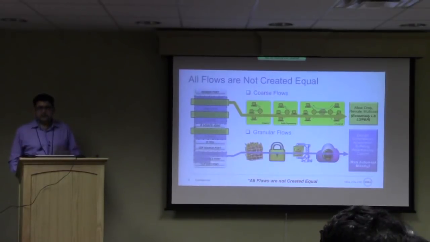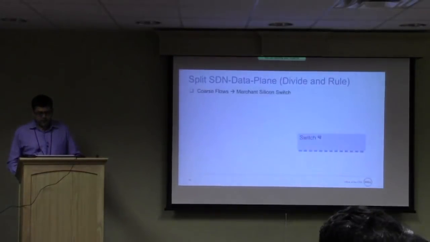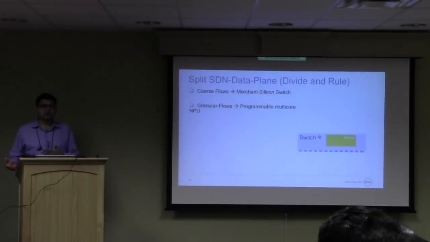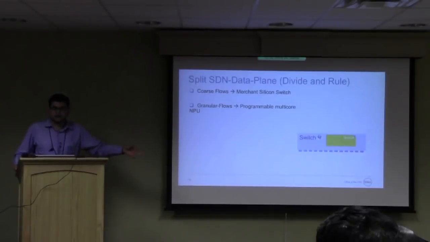So given that this is really the use case in networks today, what we did was we came up with this concept of split data plane, where you have a switch and we have a module that basically does granular flows. And the interesting thing that we looked at was we have an OpenFlow agent on both the switch as well as the module.